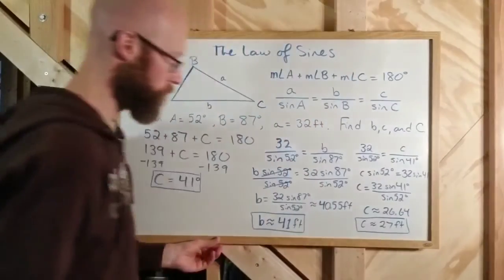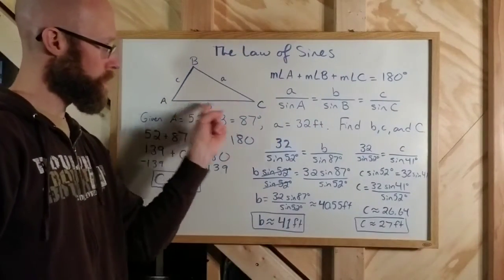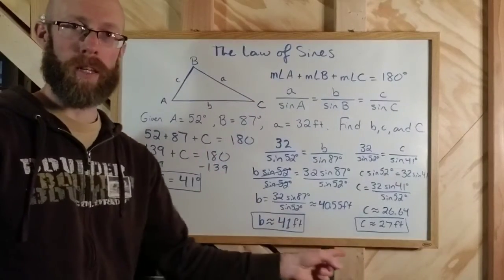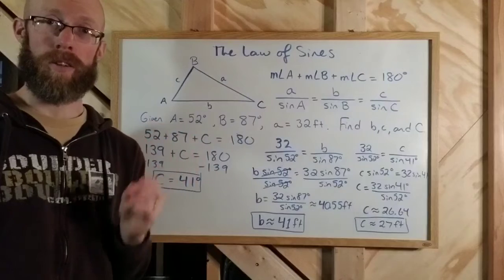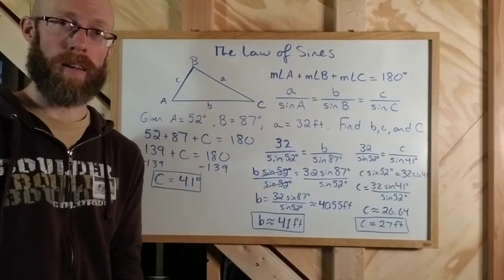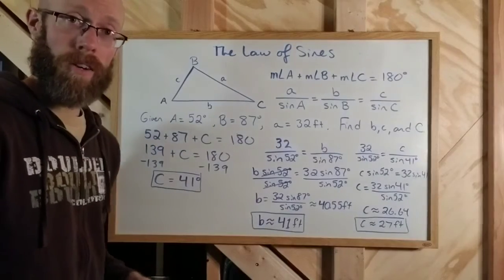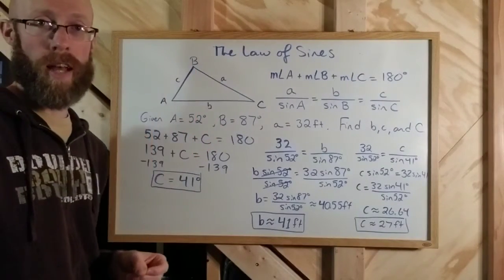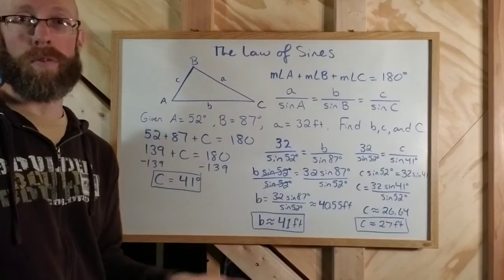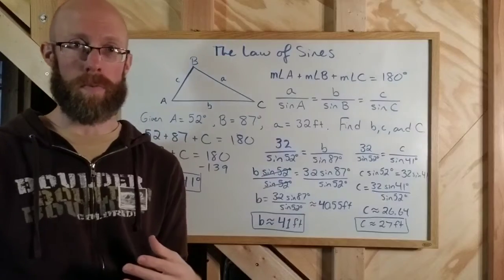Okay, so utilizing the law of sines, we're able to come up with a b value of 41 feet approximately and a c value of approximately 27 feet. Now, just something to keep in mind as you go through these problems. With any triangle, the largest side will always be opposite the largest angle. The smallest side will always be opposite the smallest angle, and relatively that will always be the case.